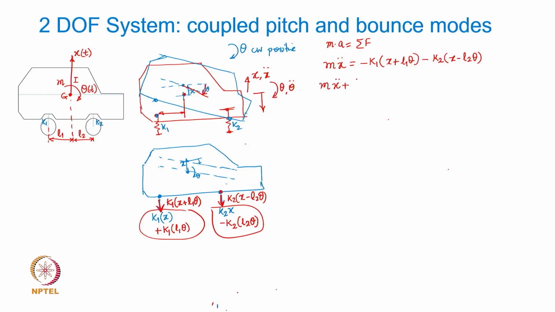If I rearrange, this is going to be m x double dot plus, clubbing all the x related terms, K1 plus K2 into x, and plus, wait a minute, the theta related terms, if I take them, then this is going to be K1 L1 minus K2 L2 into theta equal to 0.